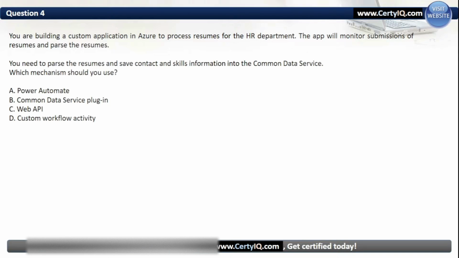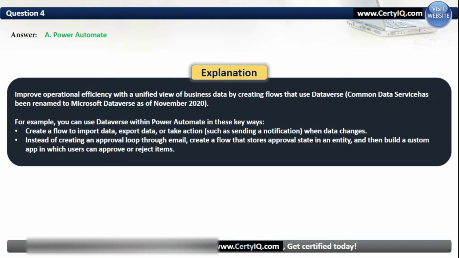Our options are A. Power Automate, B. Common Data Service Plugin, C. Web API, or D. Custom Workflow Activity. The correct option is A. Power Automate. Improve operational efficiency with a unified view of business data by creating flows that use Dataverse.